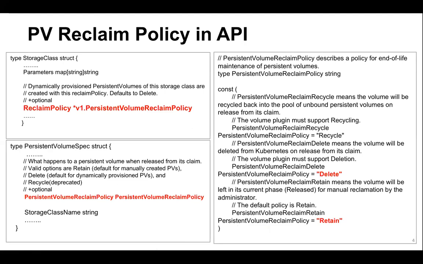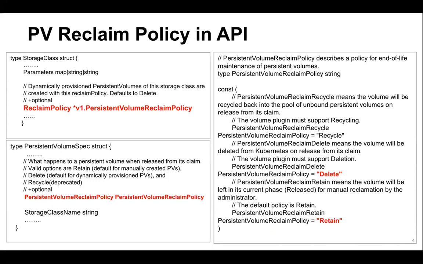This is how the reclaim policy looks in the API. The storage class has a reclaim policy field that you can specify, and this field is passed to the persistent volume spec. The controller checks the persistent volume reclaim policy field and decides what to do with this persistent volume.